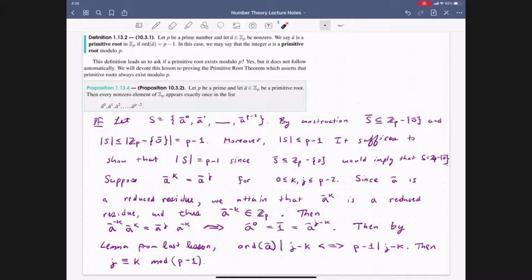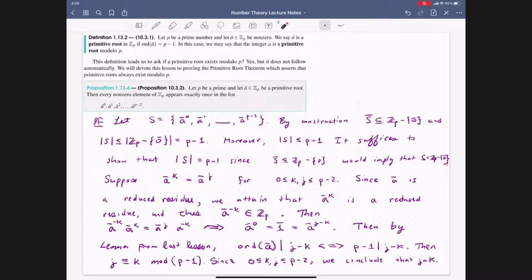So they must be exactly equal. Since we have this equality here, we conclude that j is equal to k, and so we have that if we started off with any two elements in here that were equal, then they really are the same element.